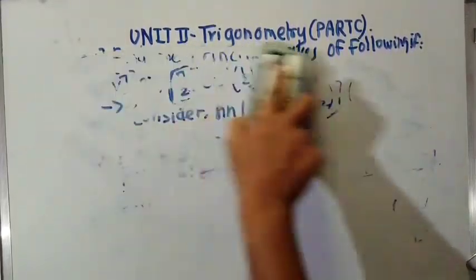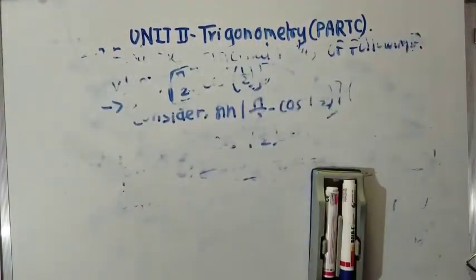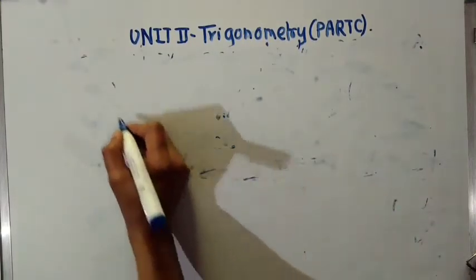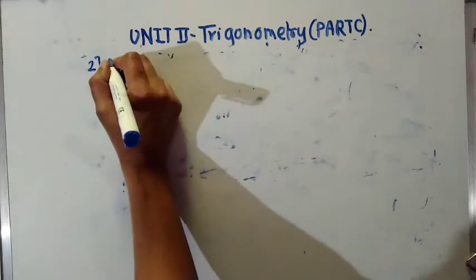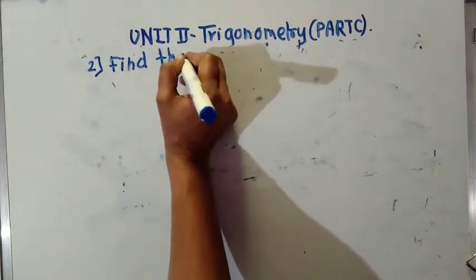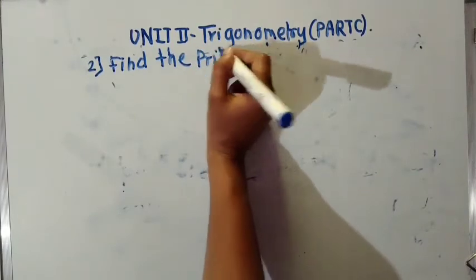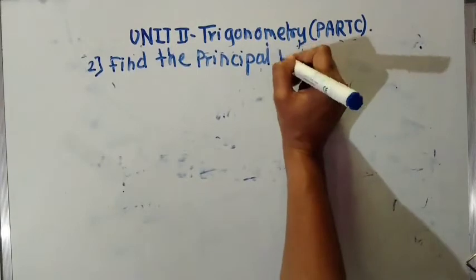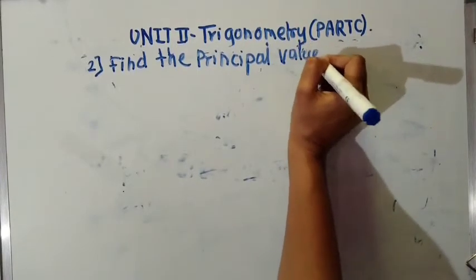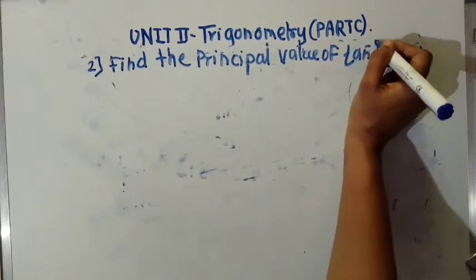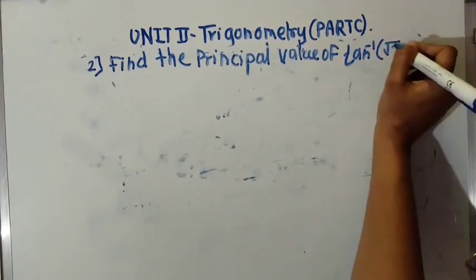Then we study the second example. Find the principal value of tan inverse of root 3.